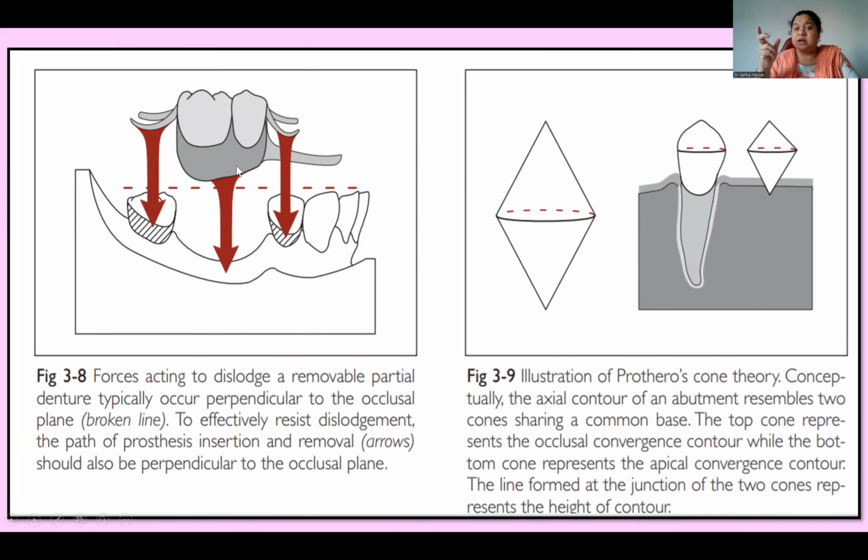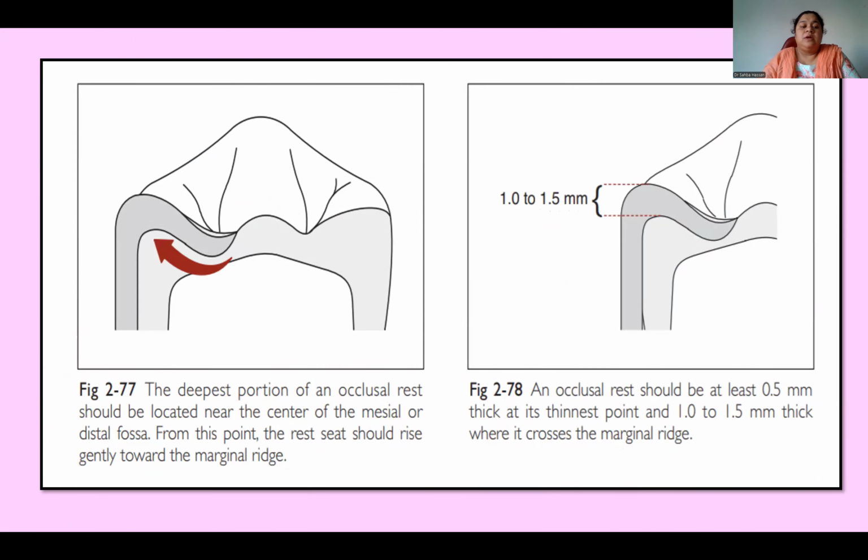You cannot move it left or right. This is the principle. If you go left or right, you are hurting the abutment. As I told in the first statement, we cannot do any damage. The patient is in a good situation, but you're not utilizing the abutment properly. Extra force is there, leading to failure of the RPD and damage to the abutment. So this is Prothero's cone theory, which you should go through.